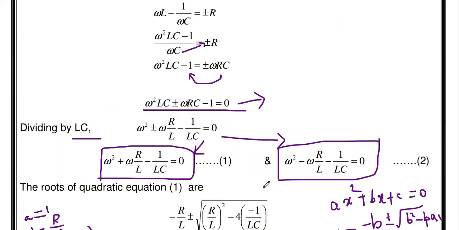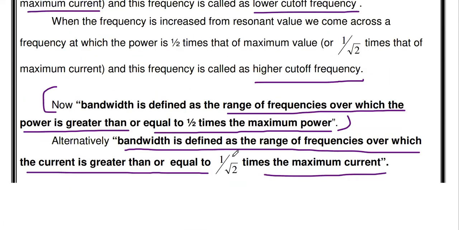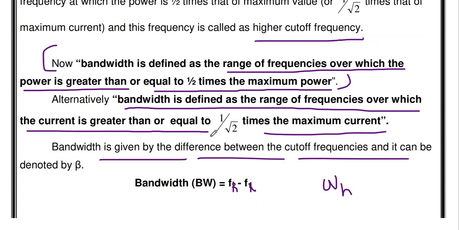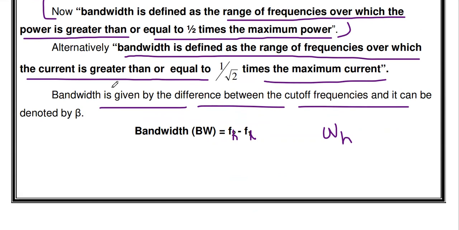So what is meant by the bandwidth of a series RLC circuit? The bandwidth is nothing but the range of frequency over which the power in the series RLC circuit is greater than or equal to half of the maximum power, or the current is greater than or equal to 0.707, that is 1 by root 2 times the maximum current. That range of frequency we call the bandwidth.